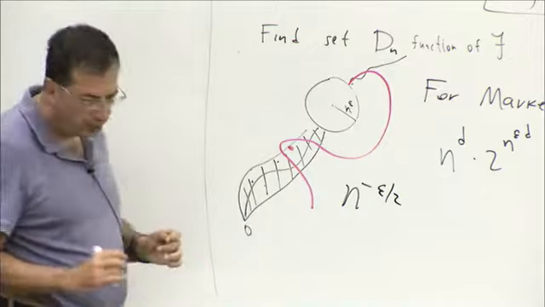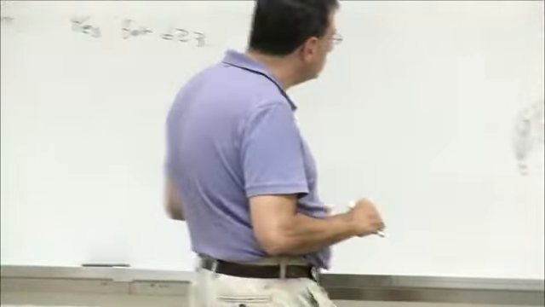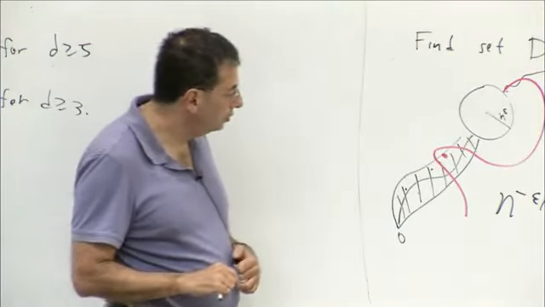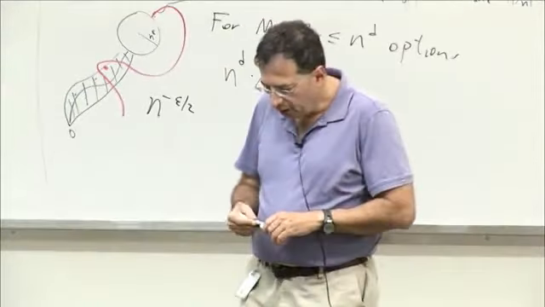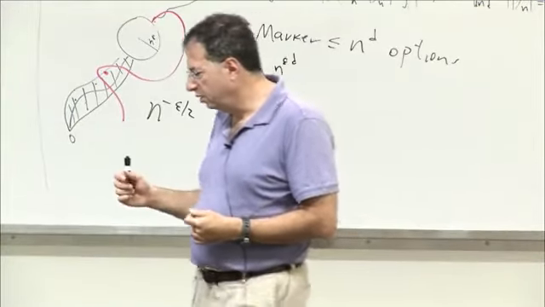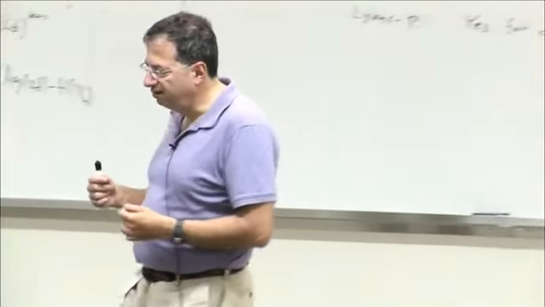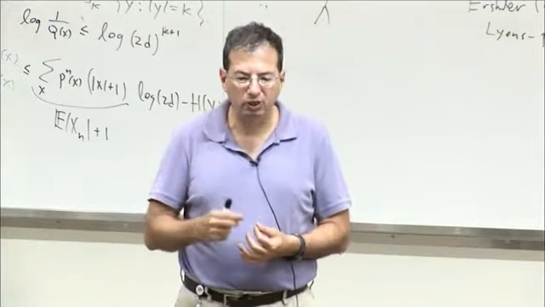Basically, it's just from the fact that simple random walk in d dimensions will come back to the origin at time t with probability t to the minus d over 2.